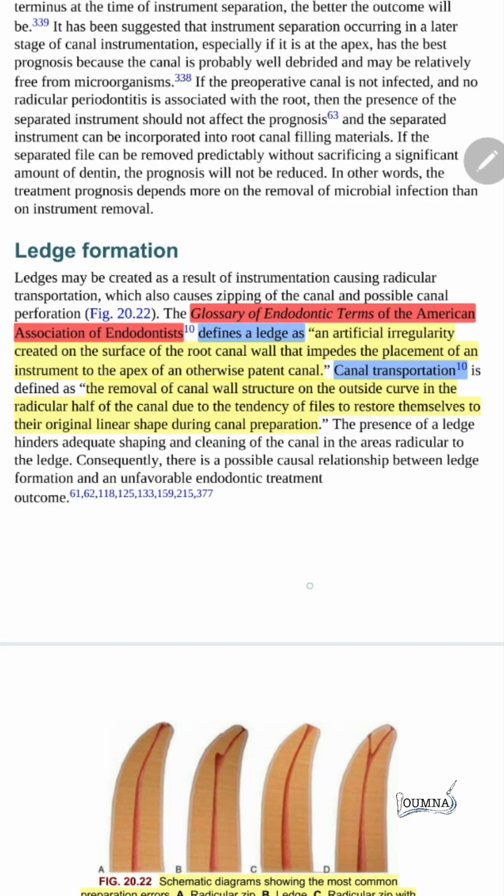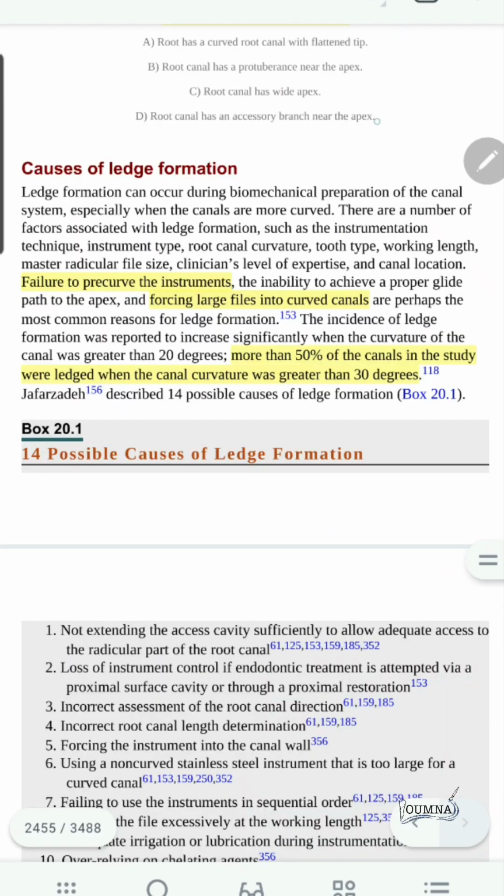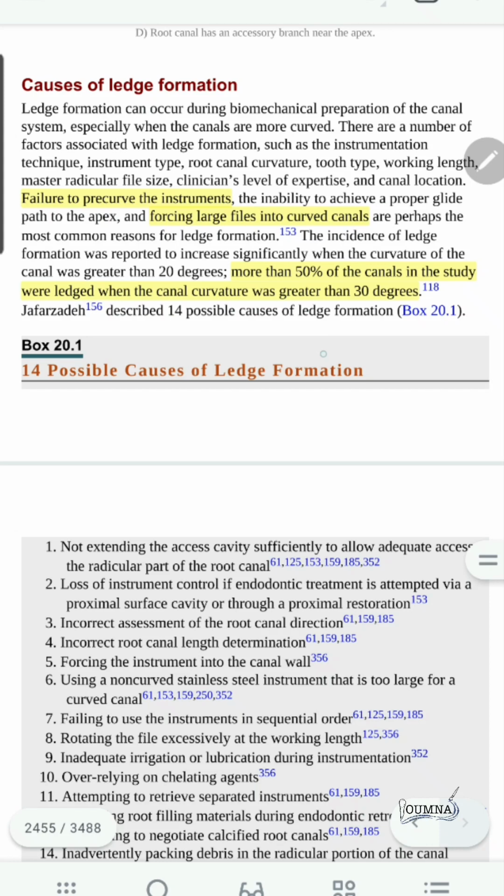Now let's discuss ledges. A ledge is an irregularity in the prepared surface of the root that inhibits the preparation file from reaching the apex. The reason is failure to pre-curve the instruments and forcing large files into curved canals. So ledges are more likely to happen in canals with a curvature higher than 30 degrees.